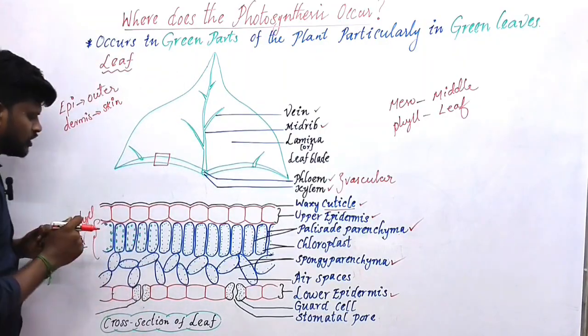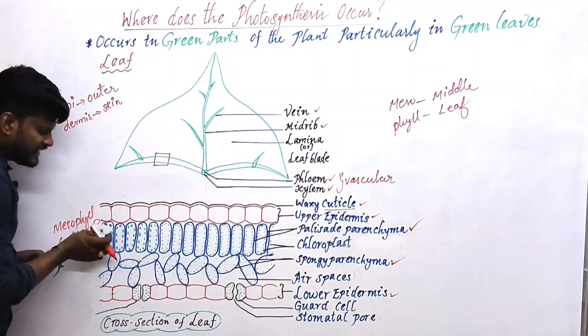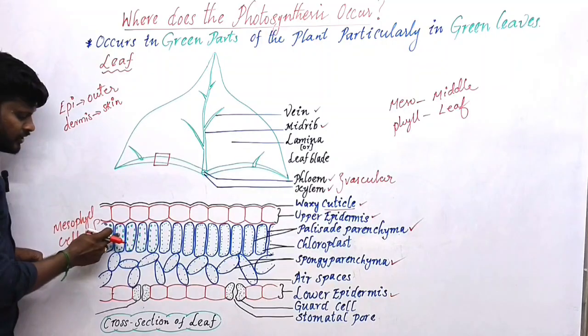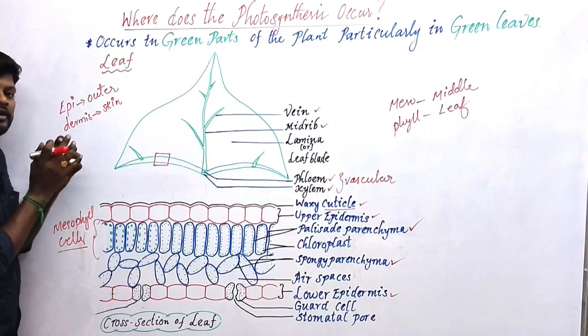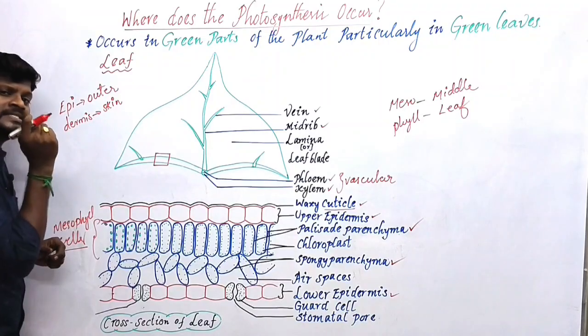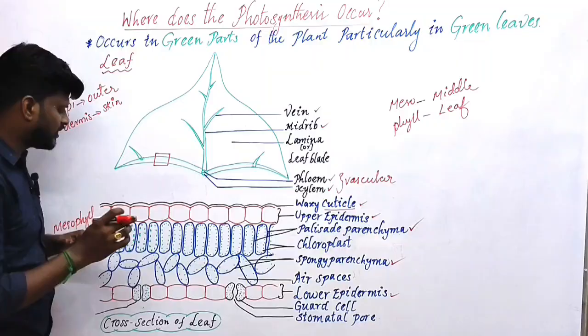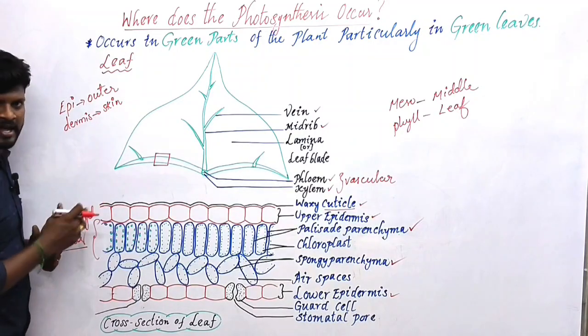Understood? Right. So when it comes to palisade parenchyma, these cells are almost cylindrical in shape, and they are all closely packed together with very little intercellular space. Here intercellular space is nothing but the space between the palisade parenchyma cells.